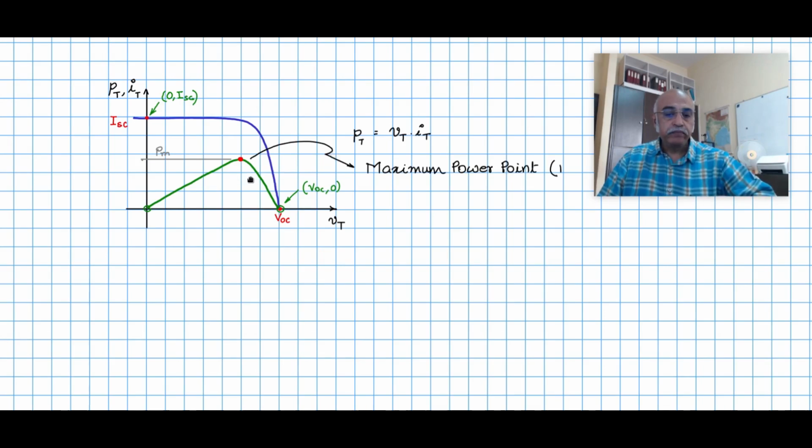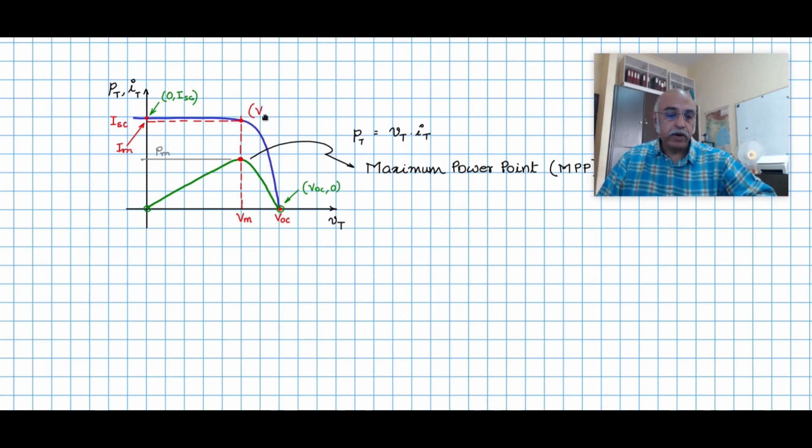The voltage at this maximum power point is Vm. If you drop the projection onto the x-axis, you see that it is Vm. We'll name it Vm. And you project it further onto the IV characteristic, that will be the operating point corresponding to maximum power, where voltage is Vm and the current is, let us say, named Im.